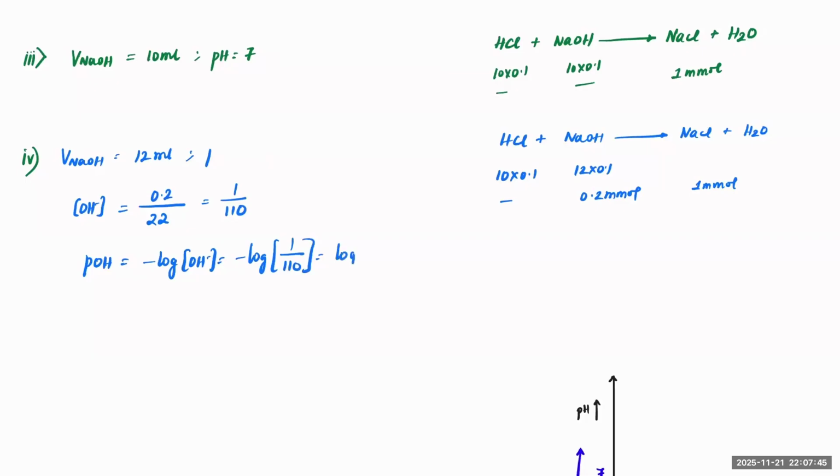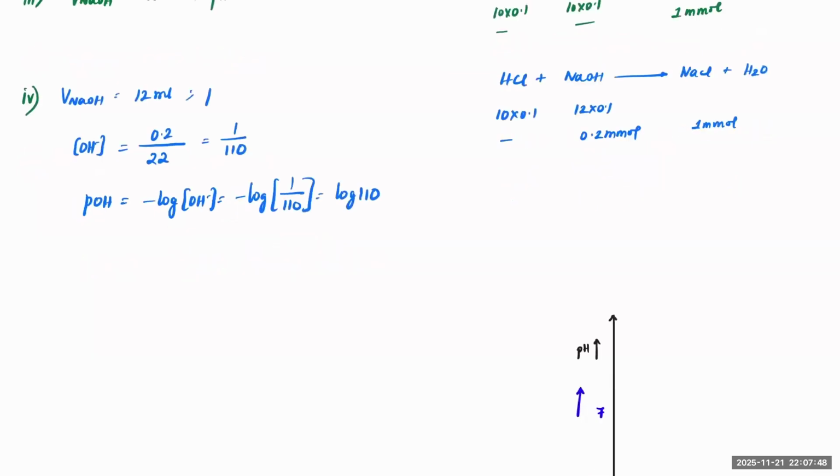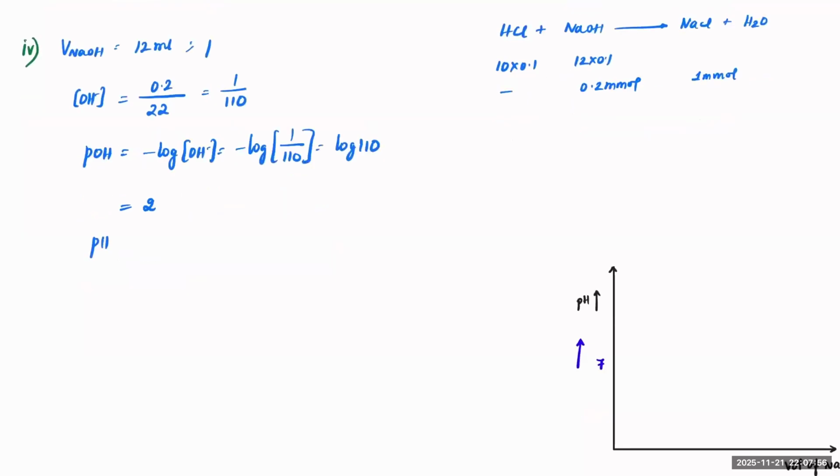That is equal to log of 110. Let us take this as approximately 100. So that means it is very, very close to 2. So pOH is 2. Then pH value will be equal to how much? 14 minus 2, which is 12.